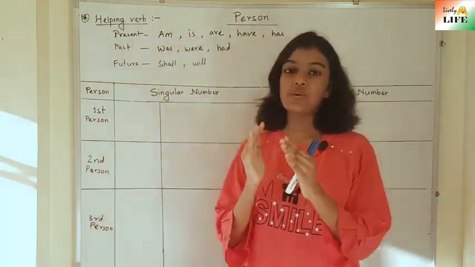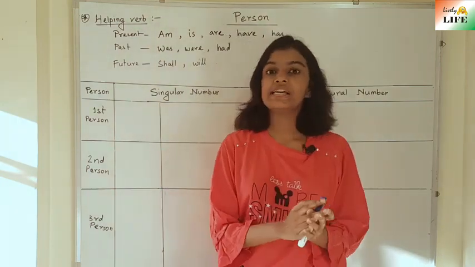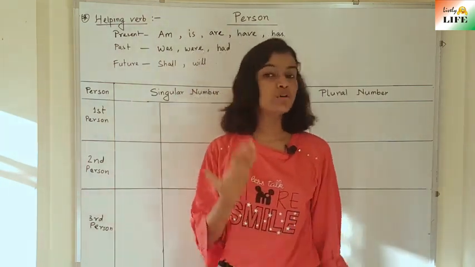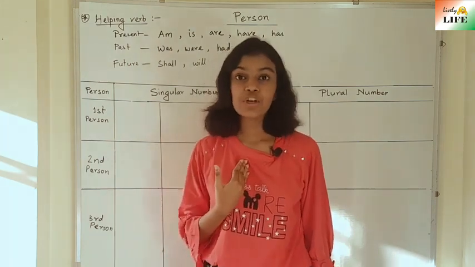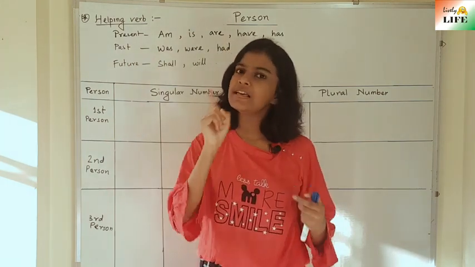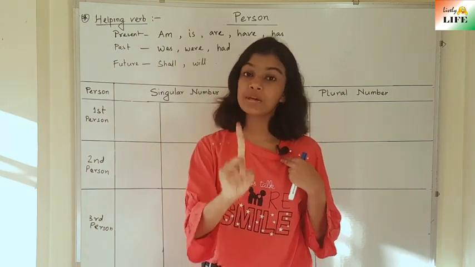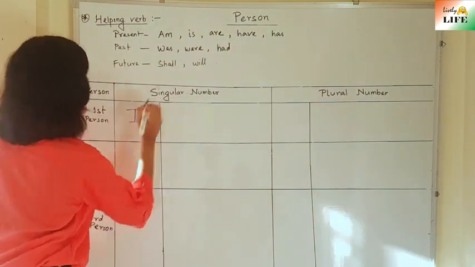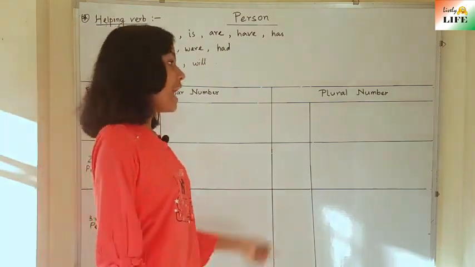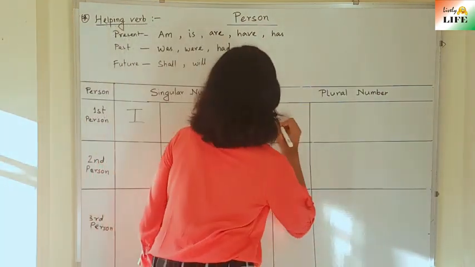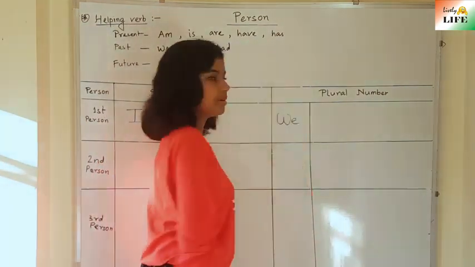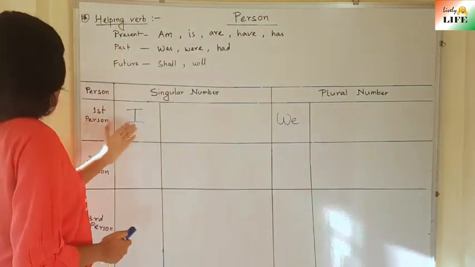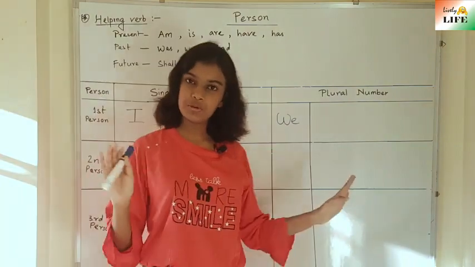Now which one between I and we is a singular number? I, when I'm talking about I'm only talking about myself. So I is a singular number. Is one person. So I is first person singular number, and we is first person plural number, right? So I first person singular, we first person plural.